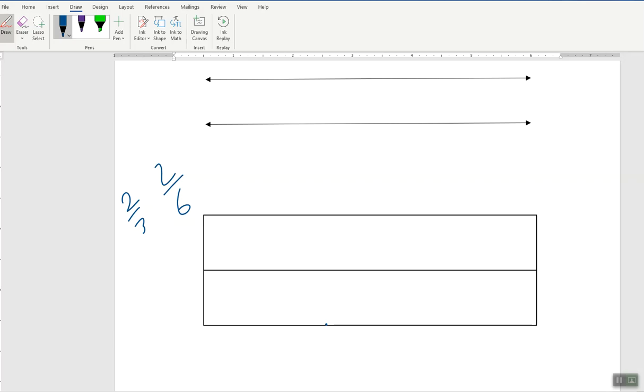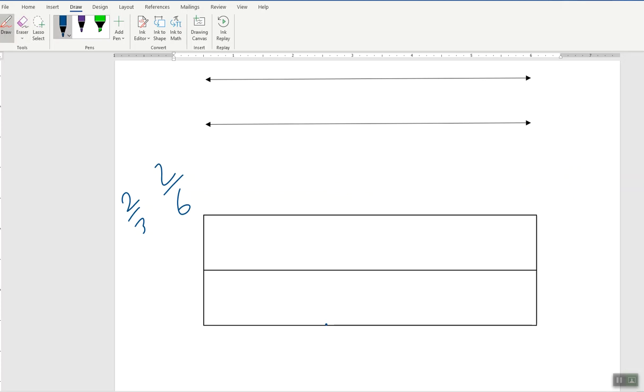So the important part when you're comparing fractions is that the two rectangles you are using are the same size. There are two ways you can do that with hand drawing. You can either draw one and then add the second one on the bottom, or you can draw one and draw a line through the middle. And then you are sure that they are the same length, which is really the important part.